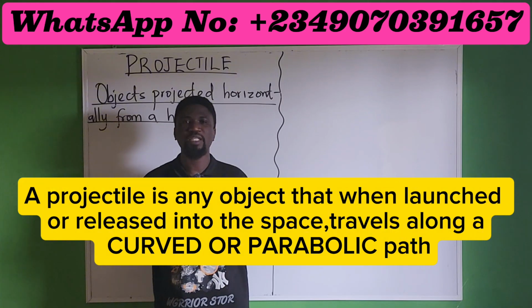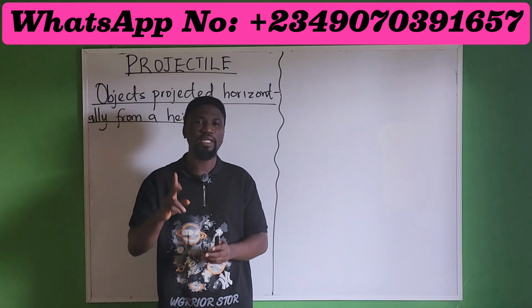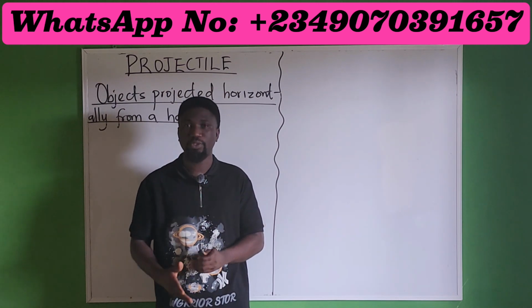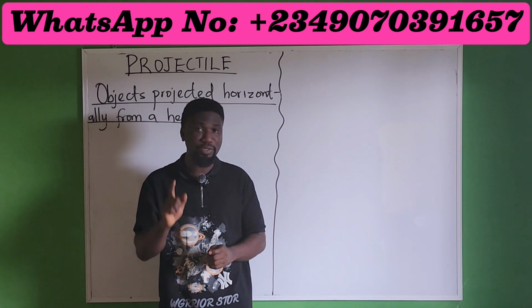And you need to know that for a projectile motion, it usually undergoes two kinds of motion. Number one is the vertical motion, and number two is the horizontal motion. Please take note of what I'm about to say now.